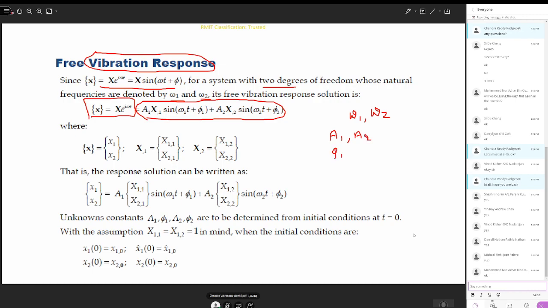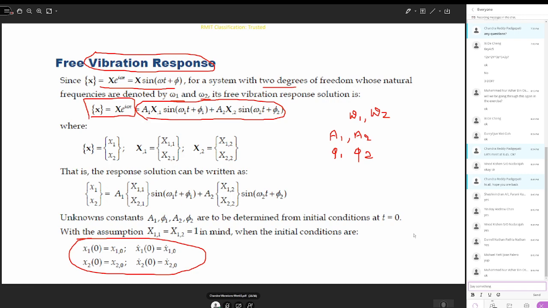To find these values, you need the initial conditions. For example, x1 when time t is 0, let us say the value is x10, and x2 when time t is 0, the value is x20.